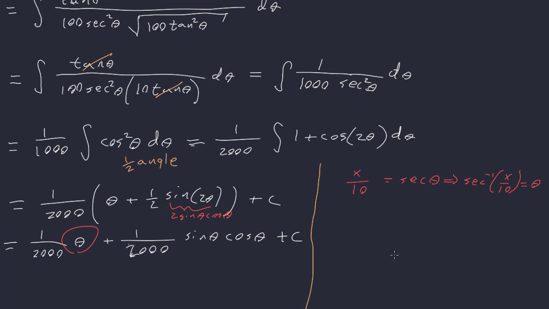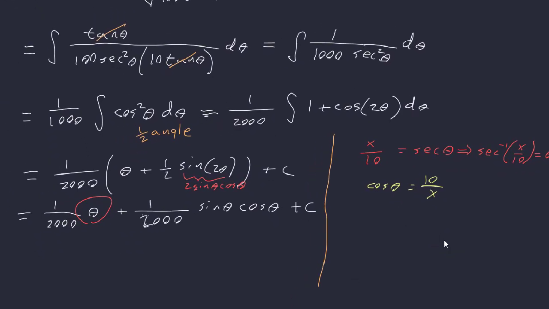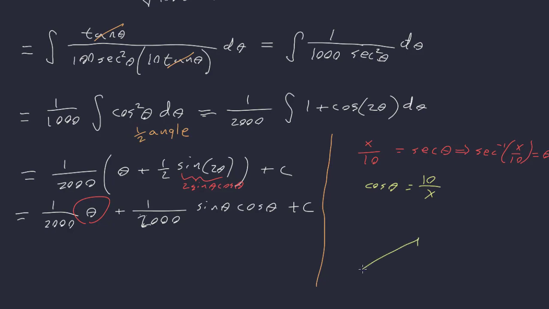All right, then for the sine and cosine, well, cosine is just going to be this flipped over. And you might be able to guess what sine will be based on the patterns we've been dealing with, but we'll go ahead and set up the reference triangle. Secant is hypotenuse over adjacent.